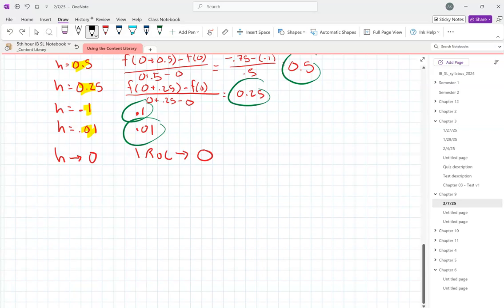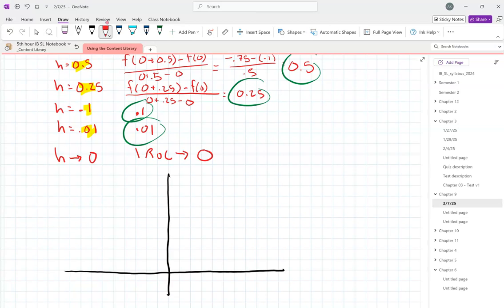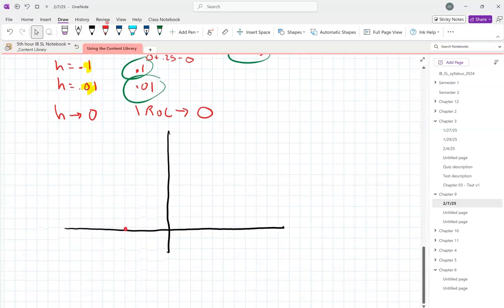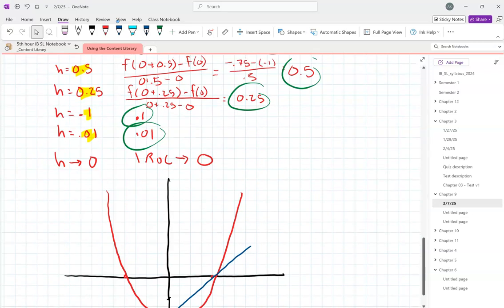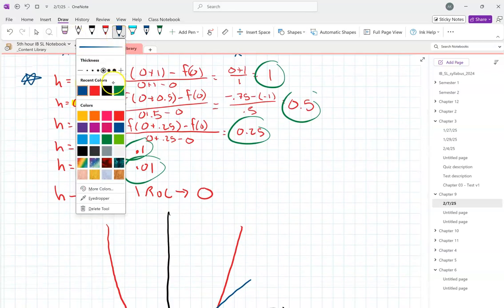So if we look at what's happening graphically, this was our first instantaneous rate of change.